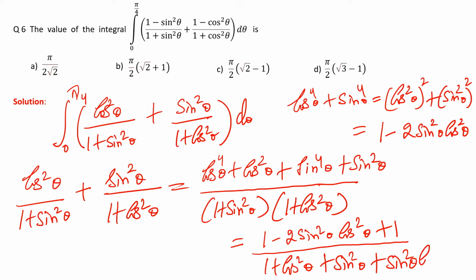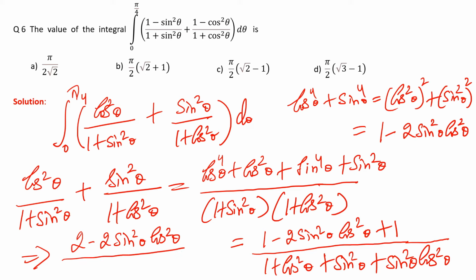Fine. Now students, finally this expression will become 2 minus 2 sin square theta cos square theta in the numerator, and in the denominator we'll be having 2 plus sin square theta cos square theta.